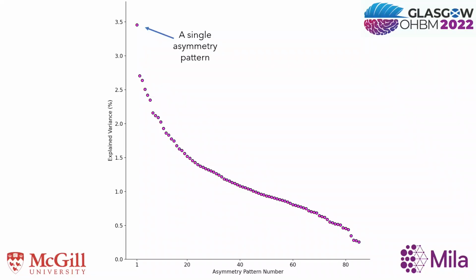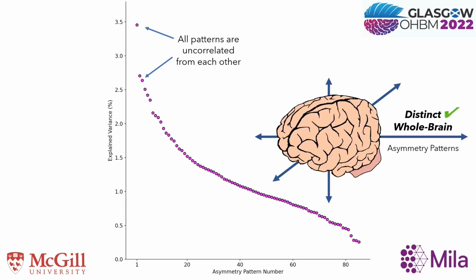To orient ourselves, each point here is a single asymmetry pattern, with position on the y-axis indicating the amount of structural variation captured by that pattern. By construction, each of our asymmetry patterns is uncorrelated from all other asymmetry patterns, and we have several asymmetry patterns that are able to explain more structural asymmetry variation than can be expected by chance, supporting the idea that there exist multiple distinct patterns of brain asymmetry.